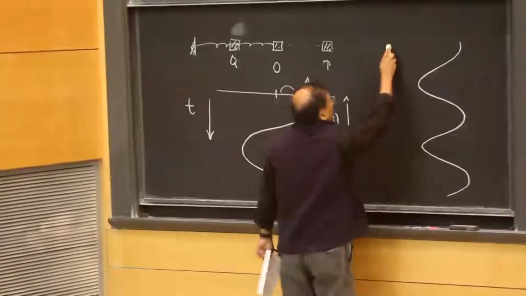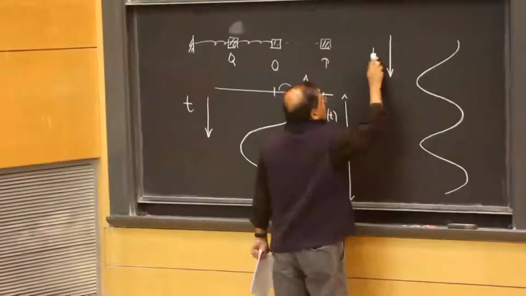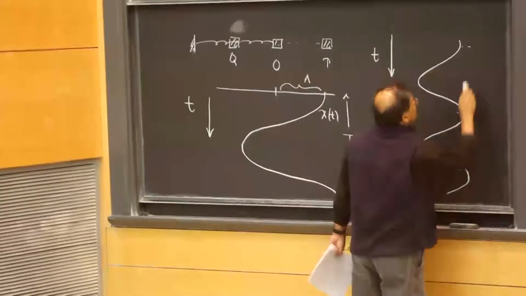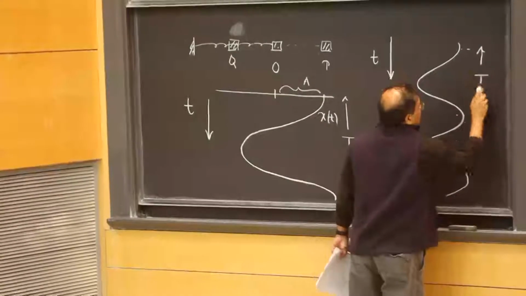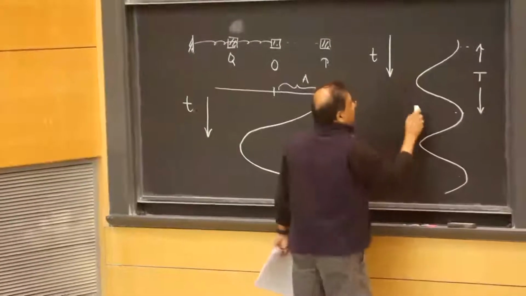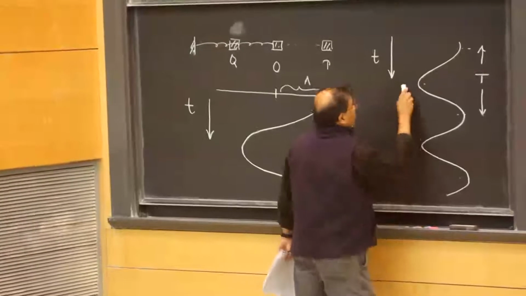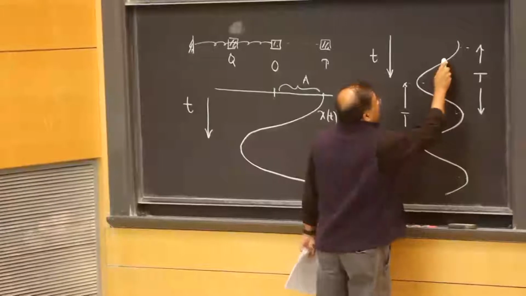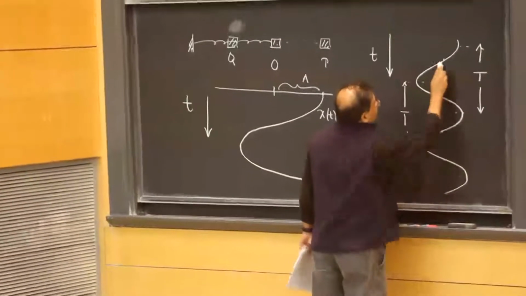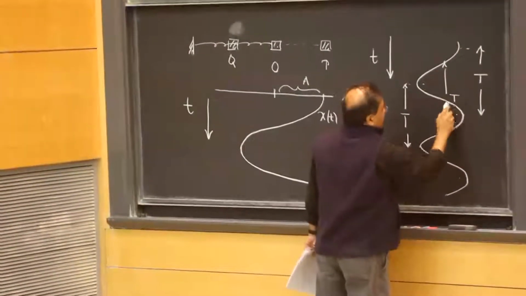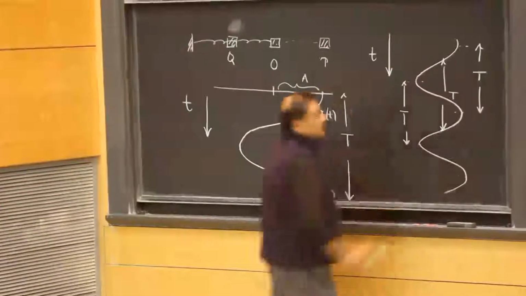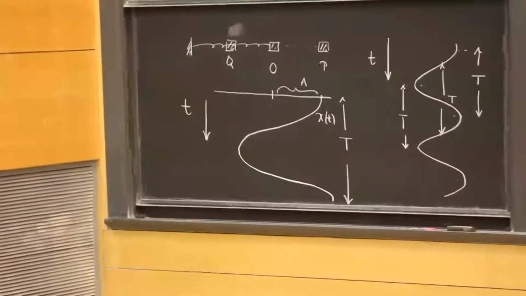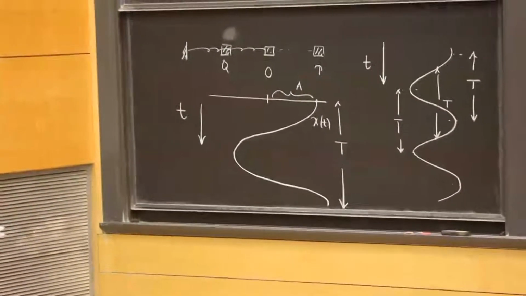But if I were to look at it over a longer time, it would be like this. This is a crest, this is a crest, this is a crest. Crest to crest, the time taken is the period T. Alternately, trough to trough is also the period T. Alternately, from this point symmetrically to that point is also going to be the period T, right? So period T can be defined in many ways, but the simplest way to think about it is crest to crest or trough to trough.